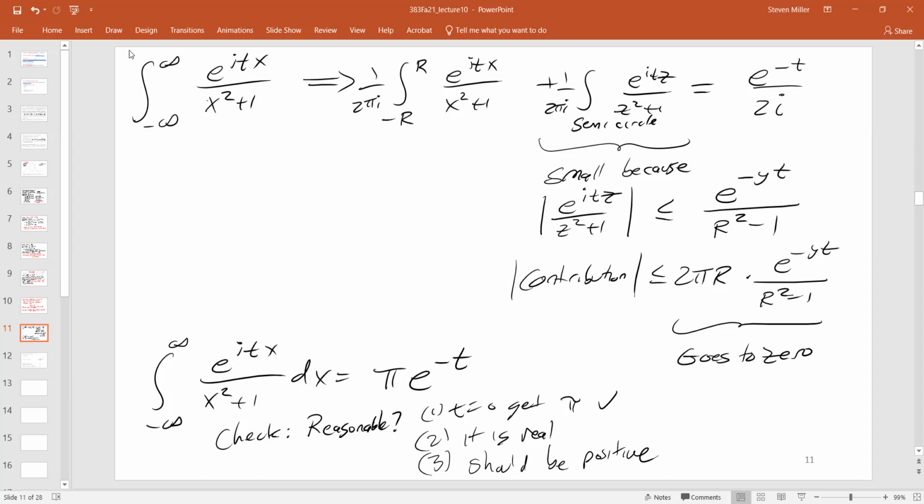So this passes all the different smell tests. And it's wonderful that you can do something like that. But again, if you can do these checks, these are really good to see, have I made a mistake somewhere? Have I dropped the 2 pi i? Have I forgotten a residue? Really nice to do.